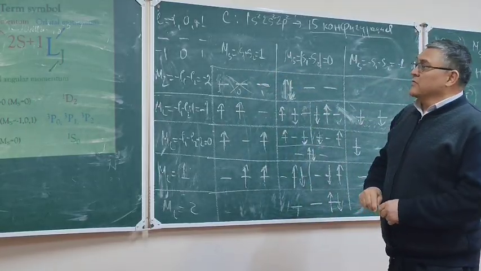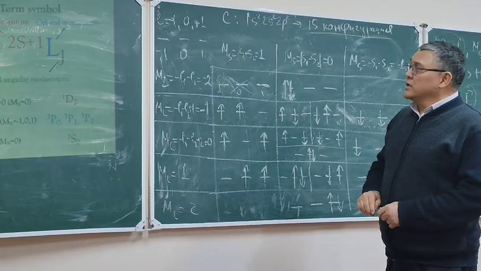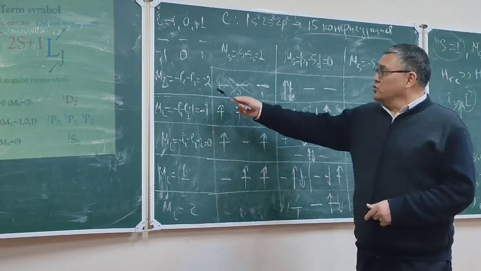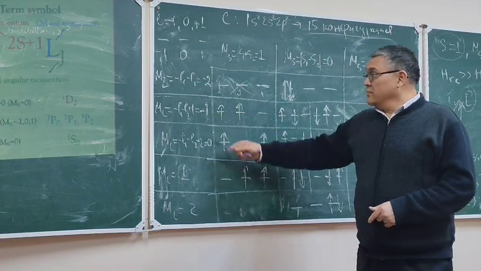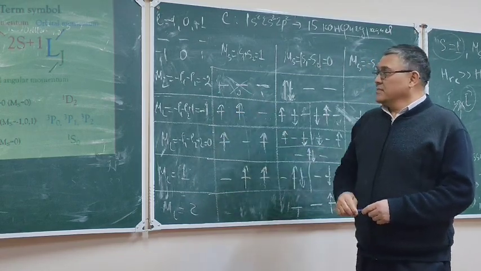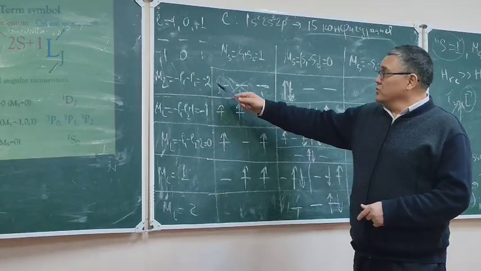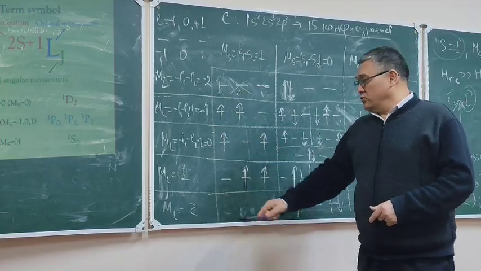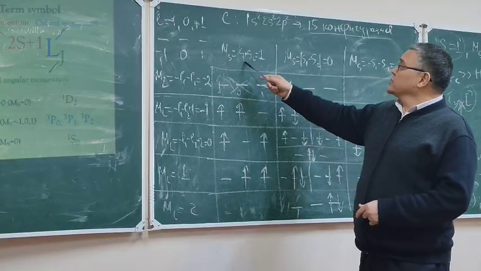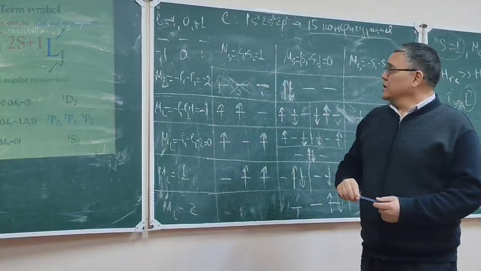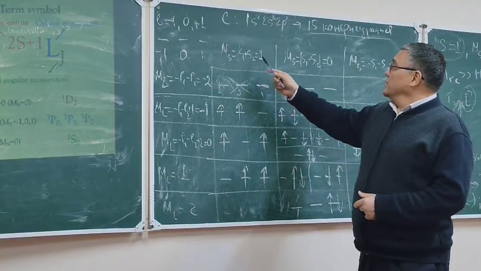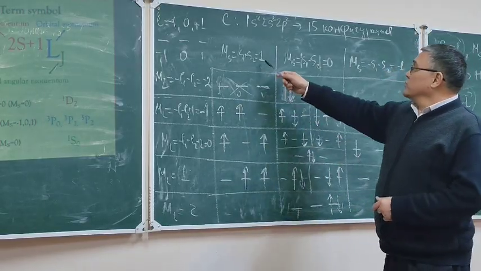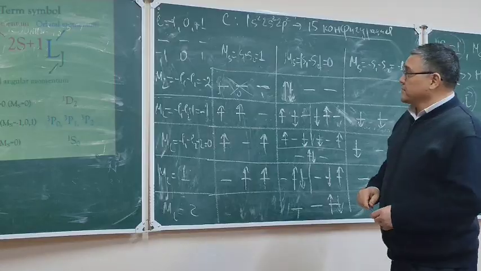So we have L1 equal to 1, L2 equal to 1, and finally we have L equal to 2, and this corresponds to ML quantum values of -2, -1, 0, 1, and 2. And for S, we have S equal to 1, which corresponds to quantum values MS equal to 1, 0, and -1.